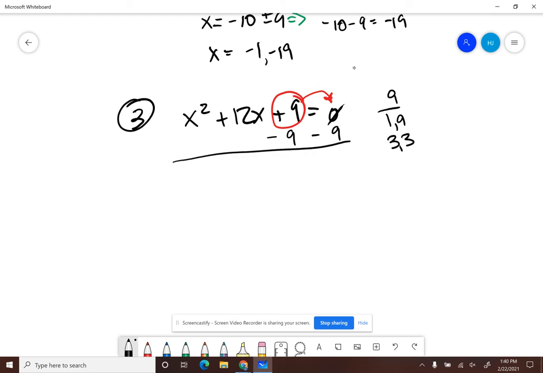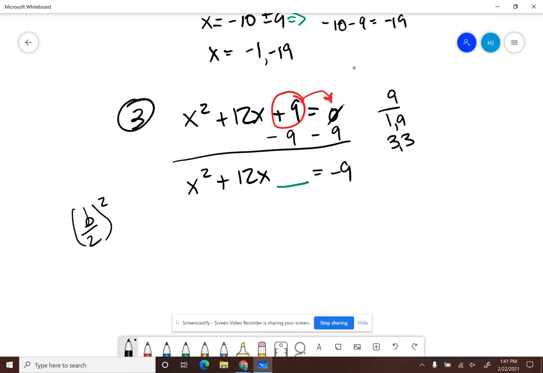Now remember, when I write out my new problem, I'm going to do x squared plus 12x, but I am going to leave a blank space right there, okay? I still have negative 9 here, but now I'm thinking about what could I put in here that will make a perfect square trinomial? Again, it goes right back to the same process. I'm taking b divided by 2, and I'm squaring it.